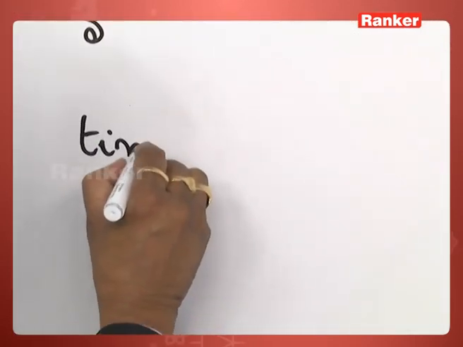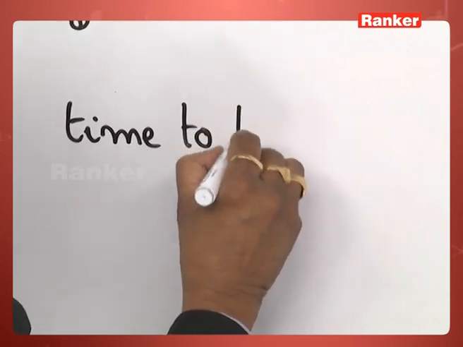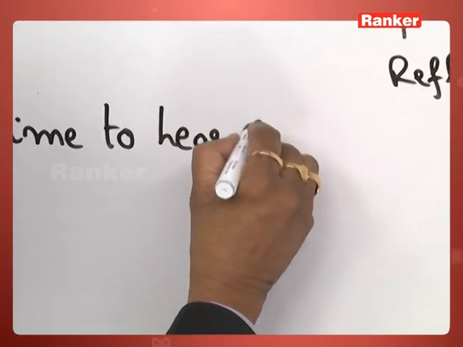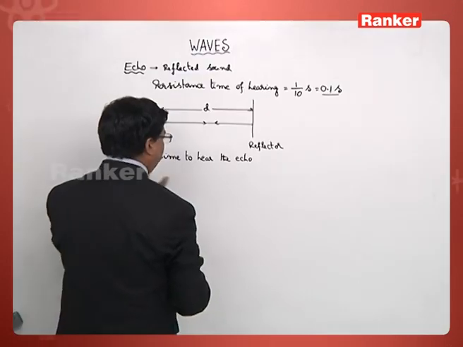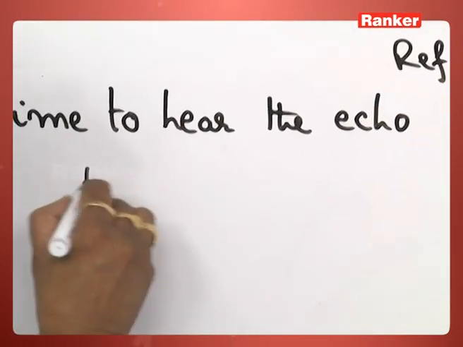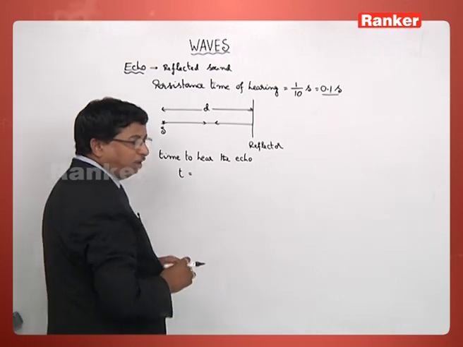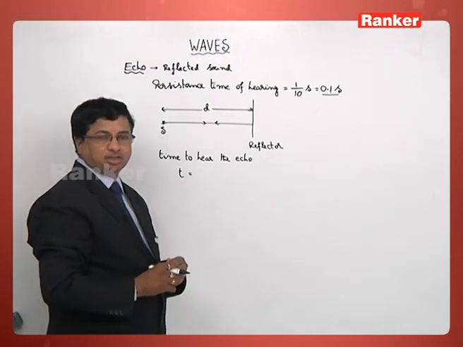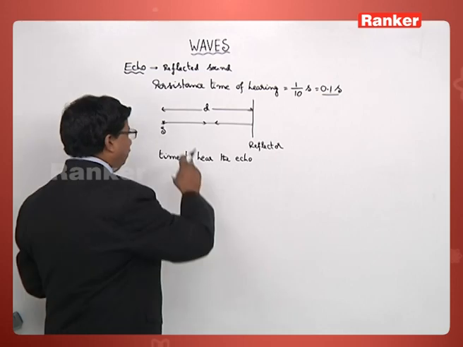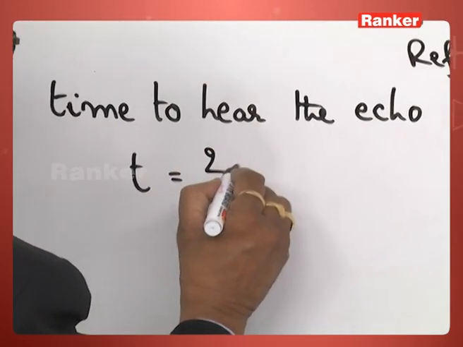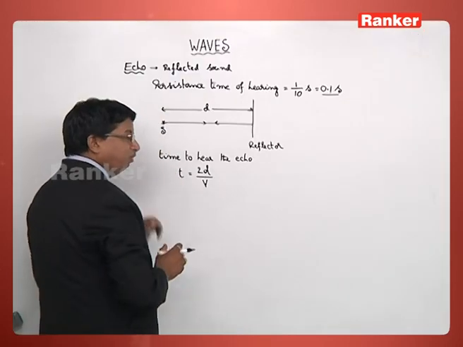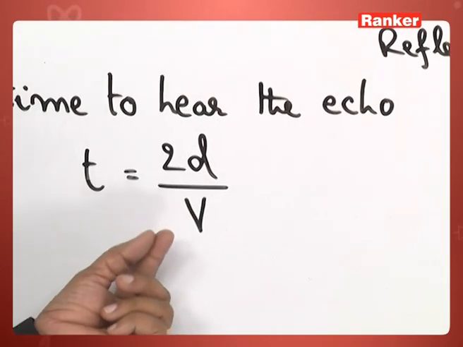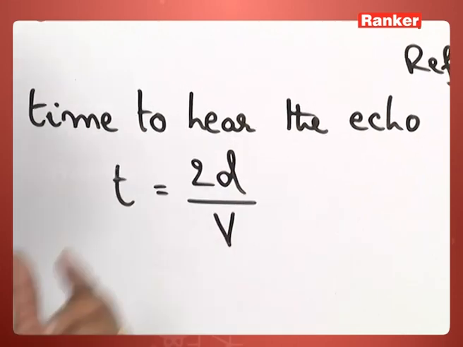That is simply the time to hear the echo. How much is its value? If I take time as t, it can be written as distance by velocity. The total distance travelled is 2d and the speed of sound is v, so we can directly write t equals 2d by v.